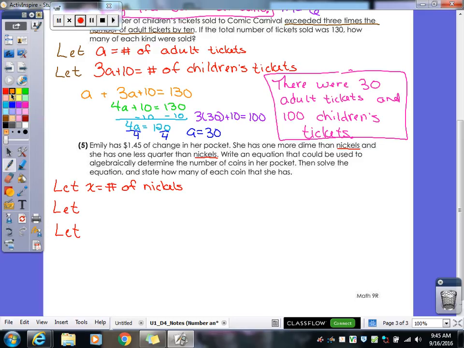X plus 1. X plus 1 equals number of dimes. And then 1 less quarter than nickels. So X minus 1 equals number of quarters. There's our let statements.